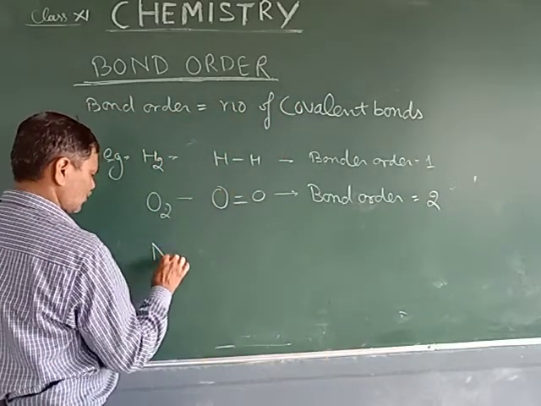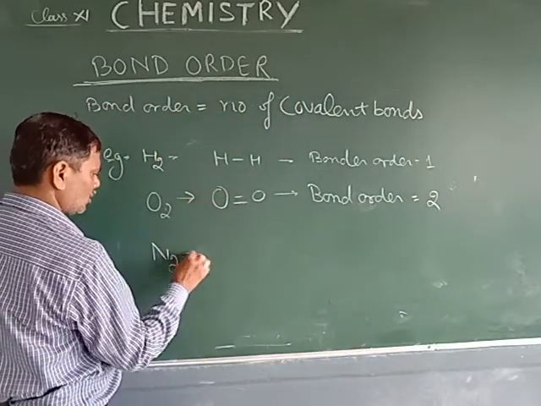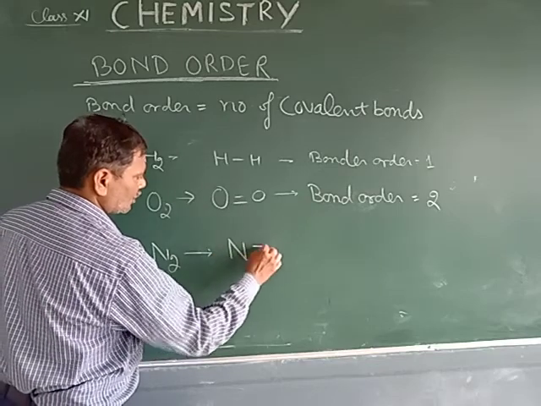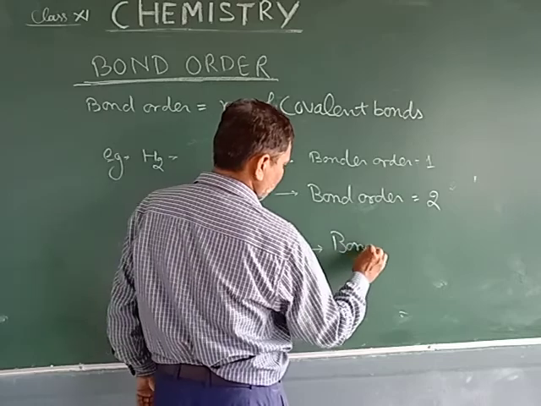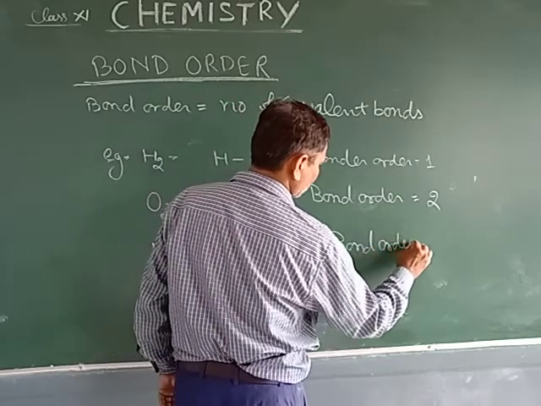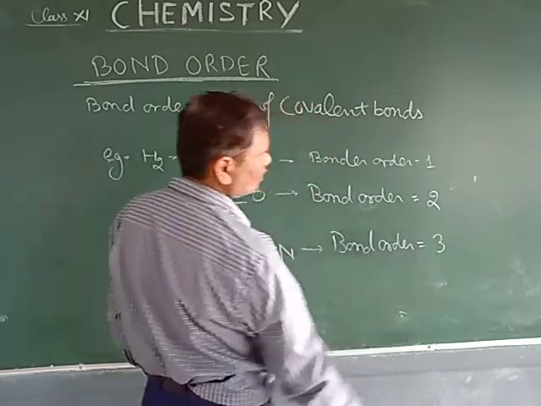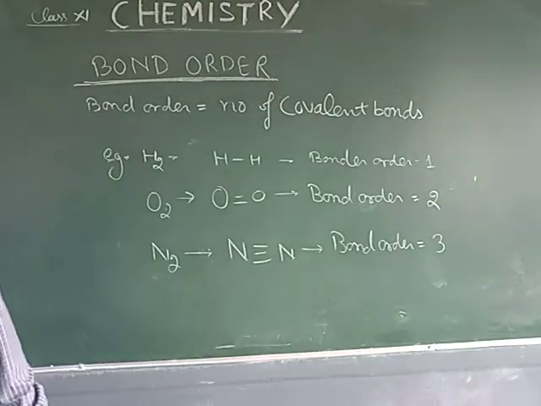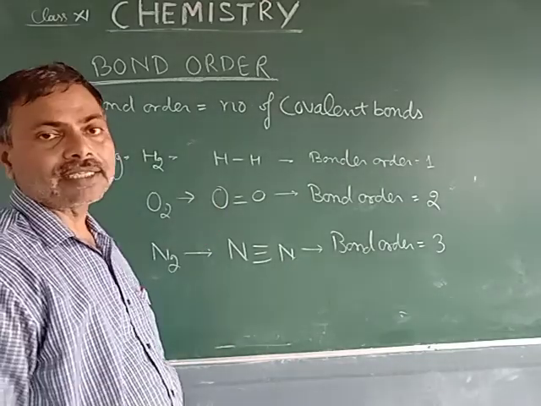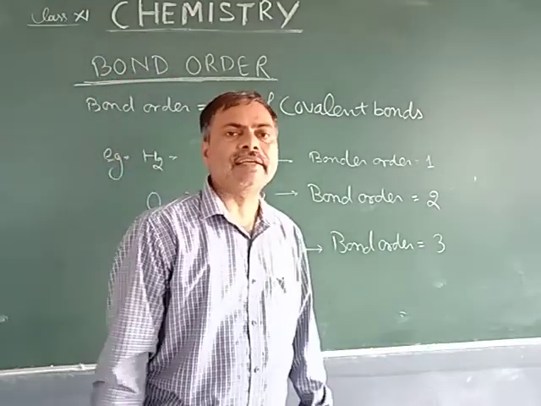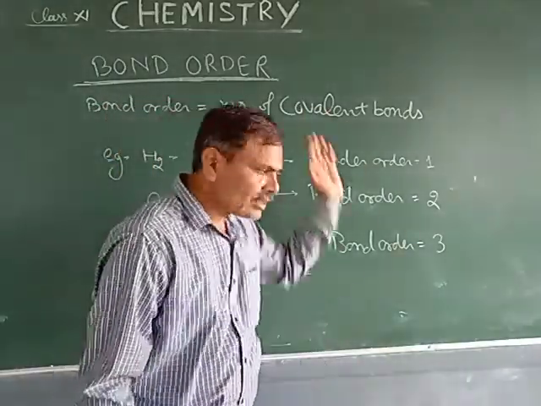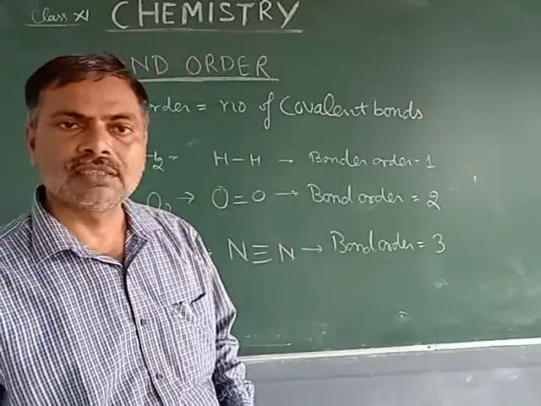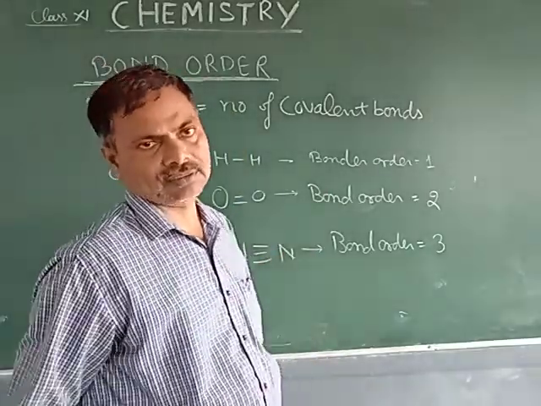In the case of the N2 molecule, there is a triple covalent bond, it means bond order is 3. With the help of bond order, you can determine its strength. Higher the bond order, stronger the bond.